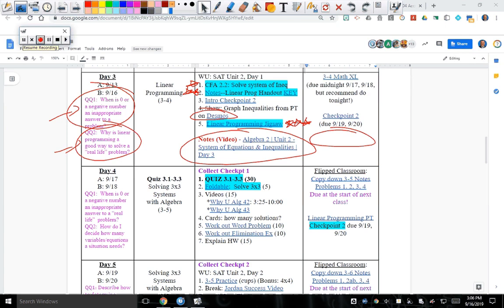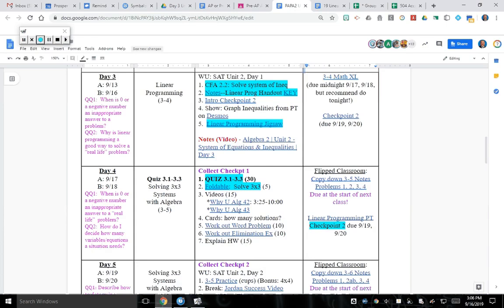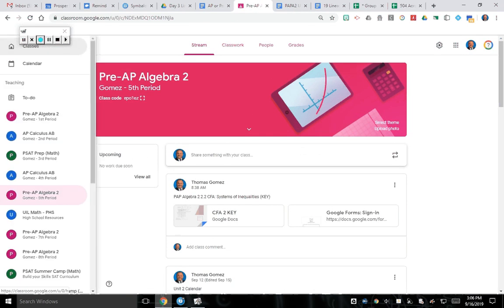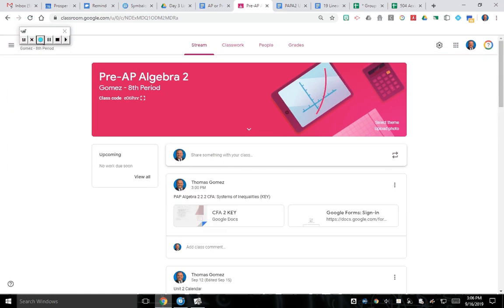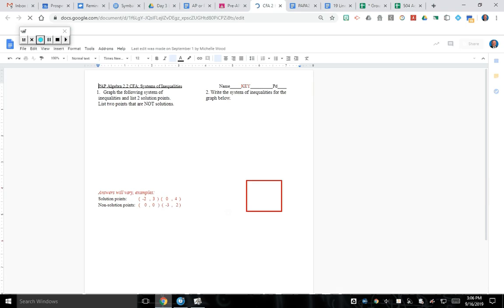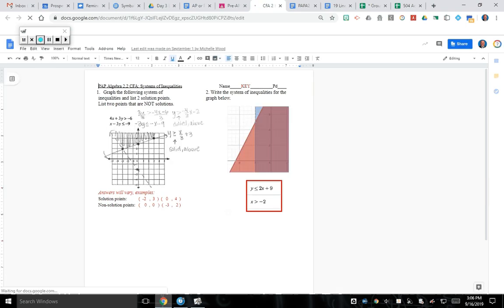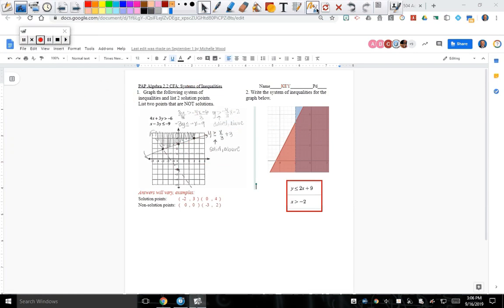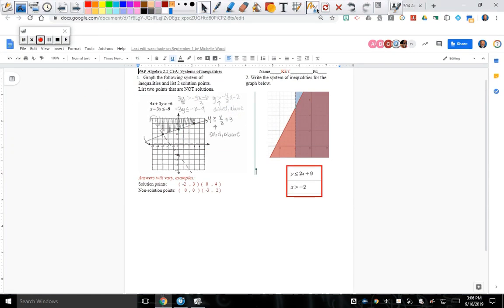Okay, so we just finished the CFA. And just a reminder, guys, today's CFA, you can locate the answers right here in 8th periods. So here's the key. And I did have a couple of questions on the CFA in regards to when the inequality symbol is flipped, and it's all about this right here. So I had a negative 3y was less than or equal to all of that equation.